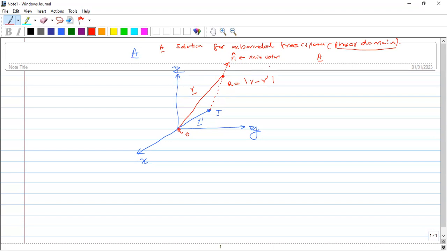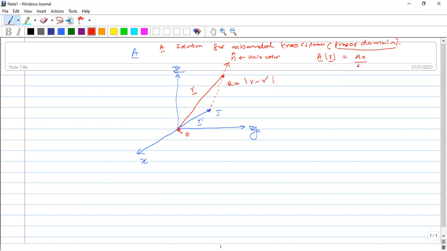And we have found the solution for unbounded free space in phasor domain. It is a function of the position R; actually the R should be R bar, the position vector.